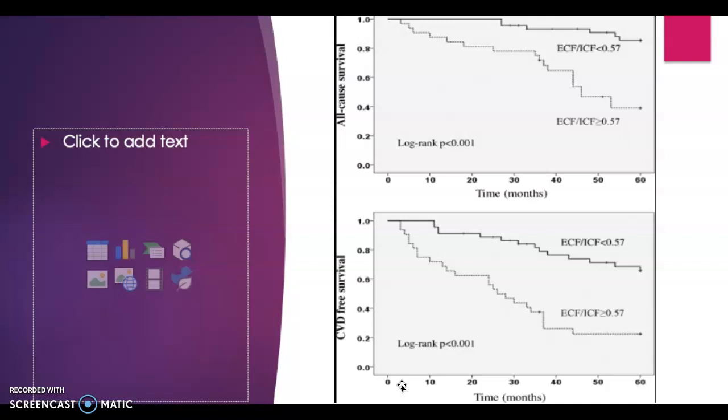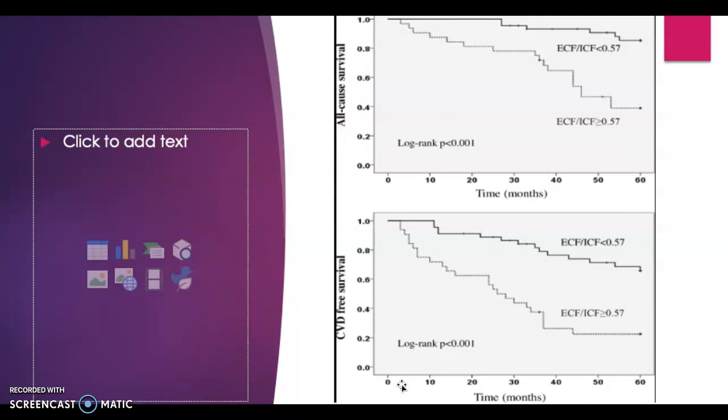In the adjusted Cox analysis, the ECF/ICF ratio nullified the effects of the MIA and volume status on survival and CVD, and was an independent predictor of all-cause mortality and CVD.